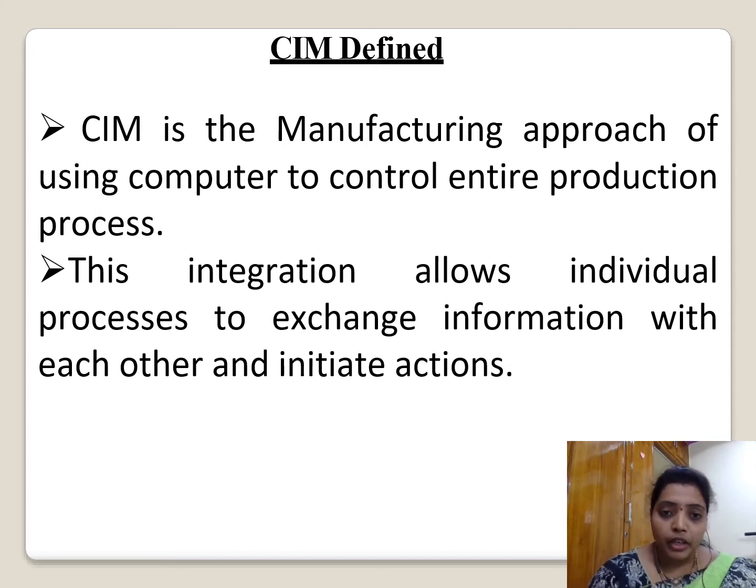Okay, this integration allows individual processes to exchange information with each other and initiate actions. Integration means it will join; the whole process is not taking place in only one process. Here we are exchanging information.